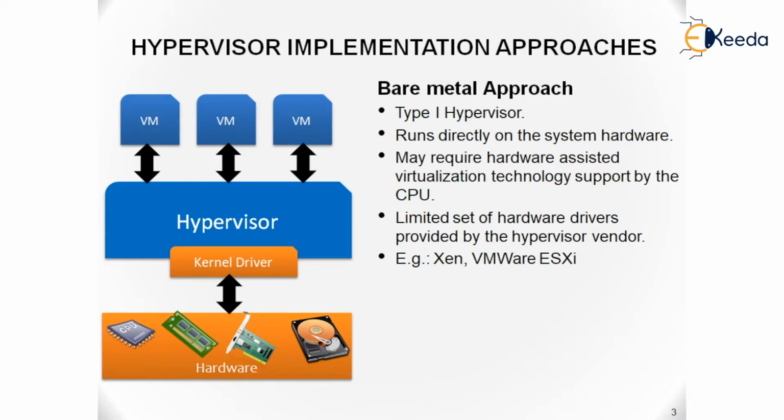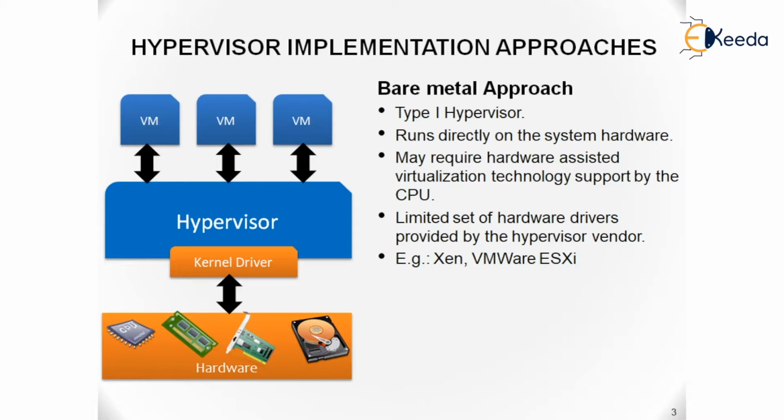As a hypervisor implementation approach, one of the types is the bare metal approach. This type is called a type 1 hypervisor. In this, these hypervisors run directly on the system hardware, and it may require hardware assisted virtualization technology supported by the CPU.